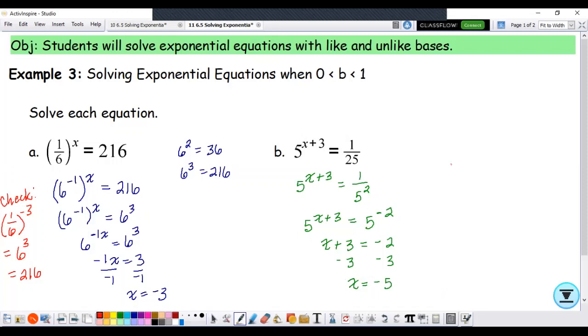So again, if I check, 5 to the negative 5 plus 3 would be the same as saying 5 to the negative 2, which is equal to 1 over 5 squared, which has the same value as 1 over 25. We have done this problem correctly. So we're utilizing the property of having a negative exponent, or rewriting things with negative exponents.